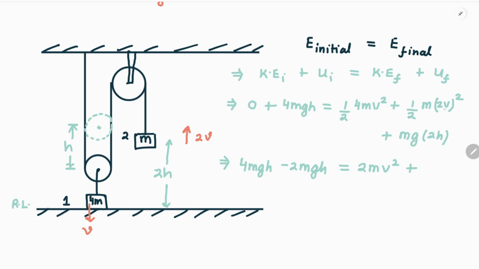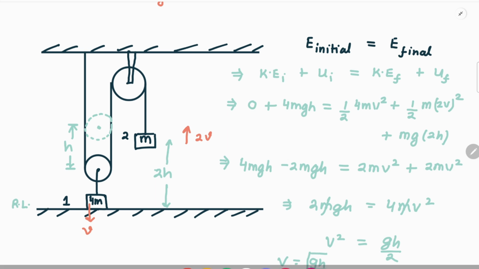On solving this, we get 2mgh equals 4mv squared, and therefore v squared equals gh by 2. So v can be written as the square root of gh by 2.